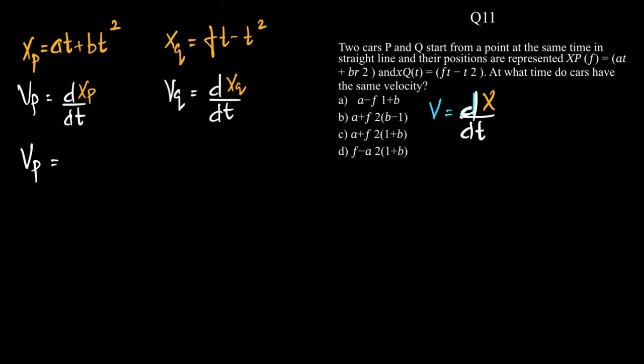So VP is equal to d by dt of XP. XP is given as AT plus BT square. How do you differentiate this?